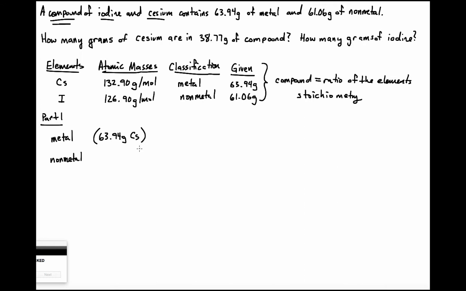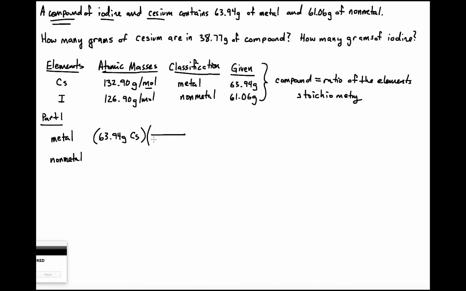Now to find the ratio, because the atomic mass changes for each element, we need to figure out how many moles there are. And we're going to do factor unit conversion. So we're taking our given, and then we're going to use this atomic mass relationship. So in this process, we're going to do some algebra. So 63.94 grams. Now we need the grams to cancel out.